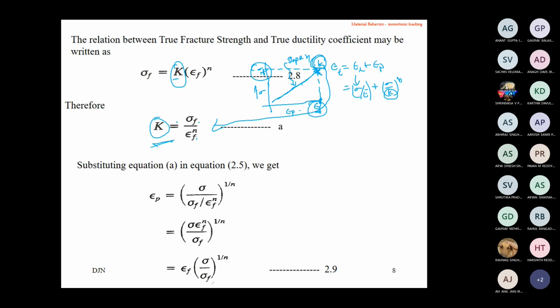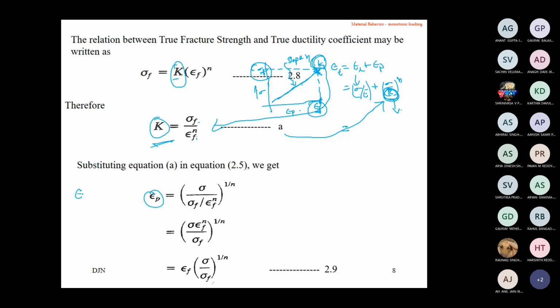Okay. So for the K parameter now, you rearrange the corresponding strain equation with these given values. That rearrangement has been done here, nothing but the rearrangement. Here they have done it only for the plastic part.